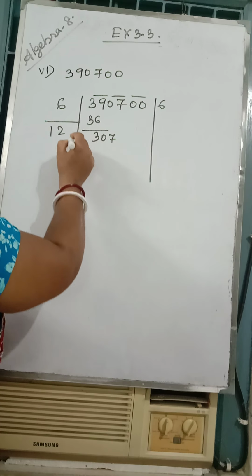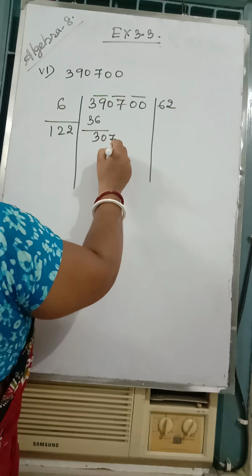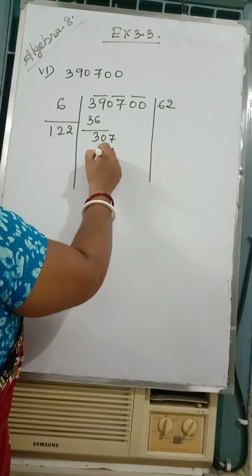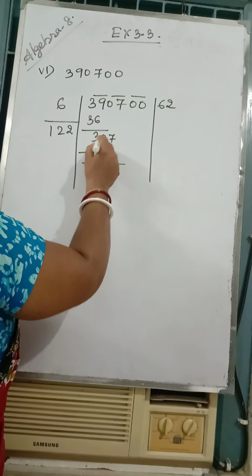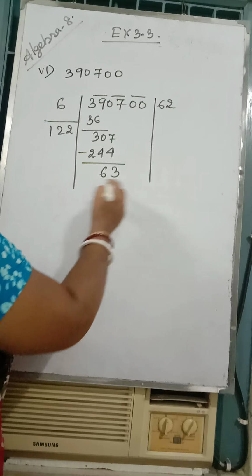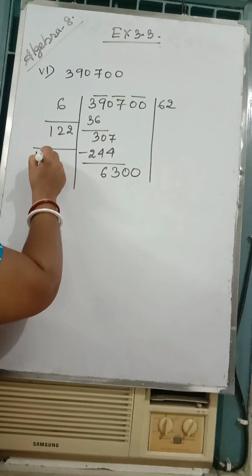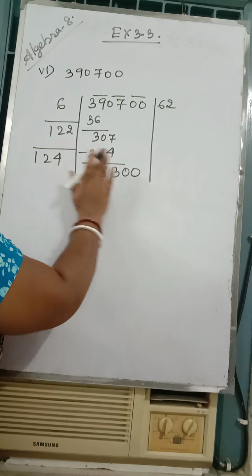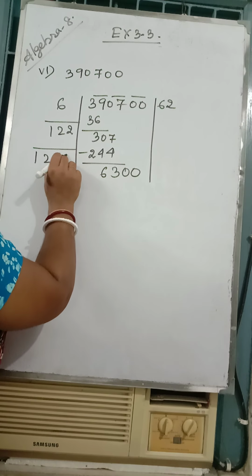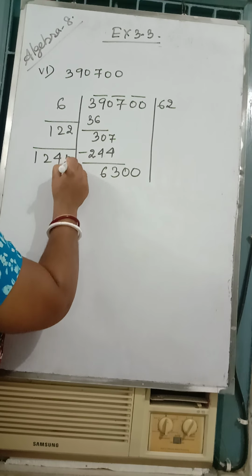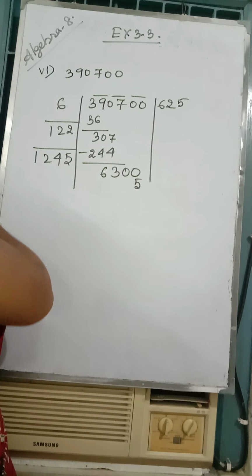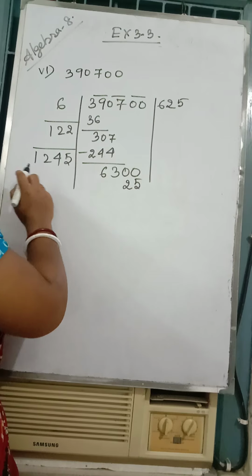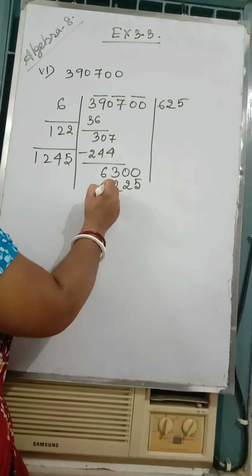Double of 6 is 12. Next 0. 124. Now hide 1, hide 2. 5. 5 5s are 25. 5 4s are 20 and 2 is 22. 5 2s are 10 and 2 is 12. 5 1s are 5 and 1 is 6.